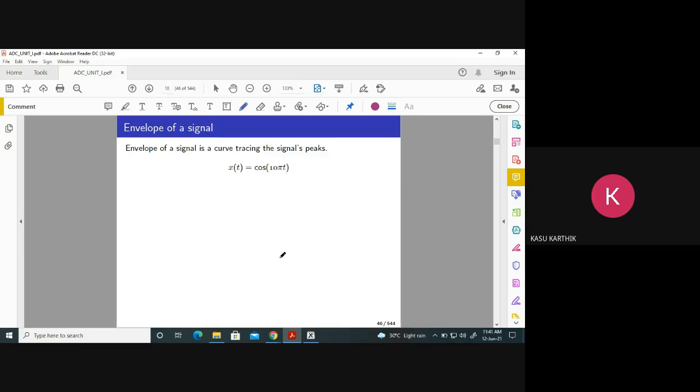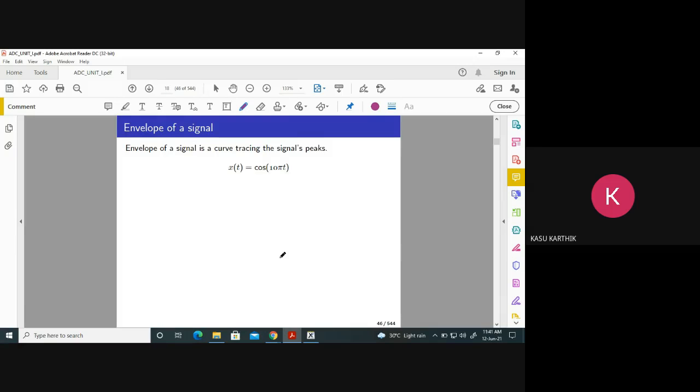Now, we take one more important concept, that is called envelope of a signal. What is that? If you join the peaks of any signal, you get a curve.